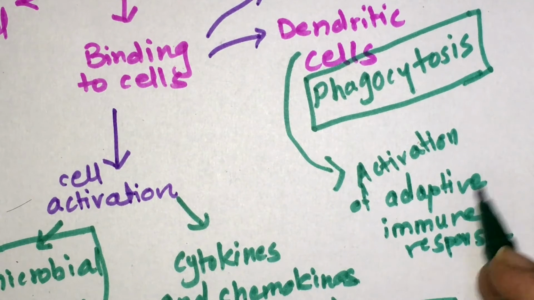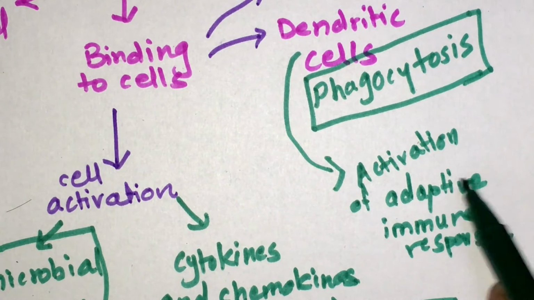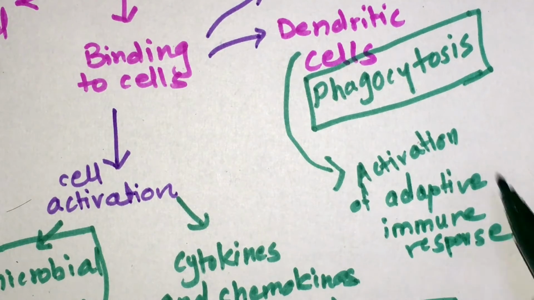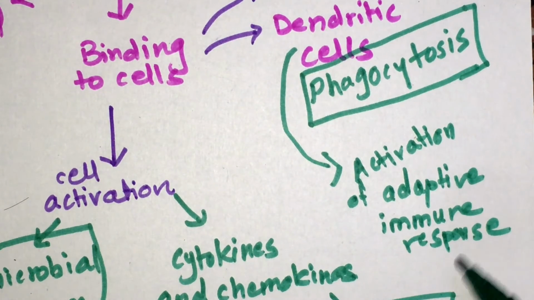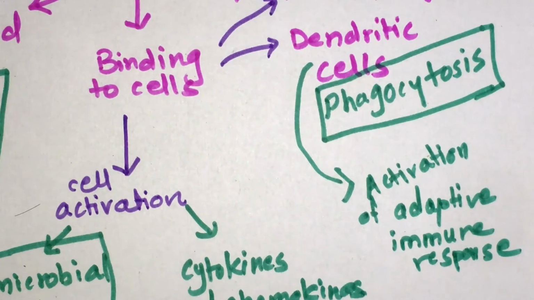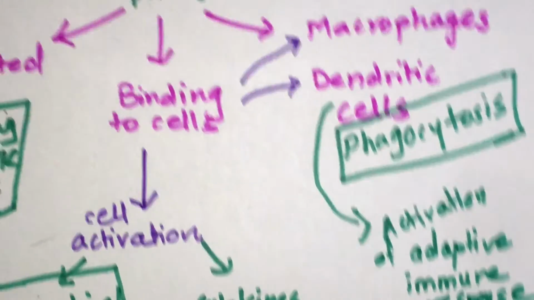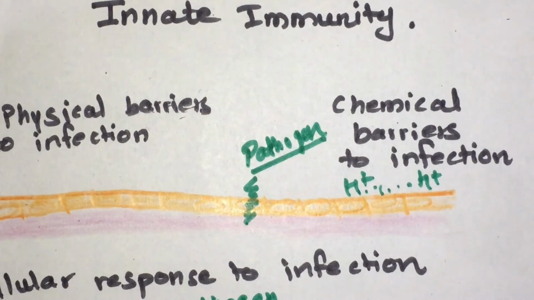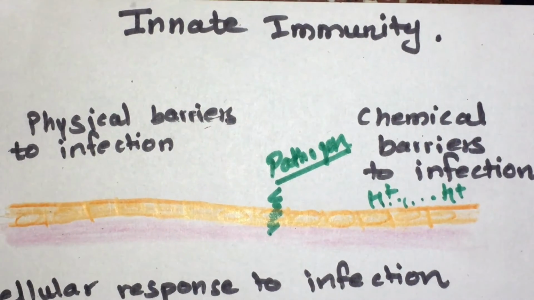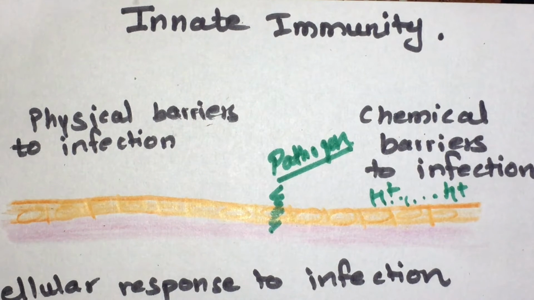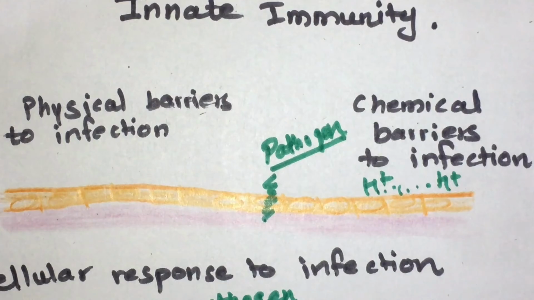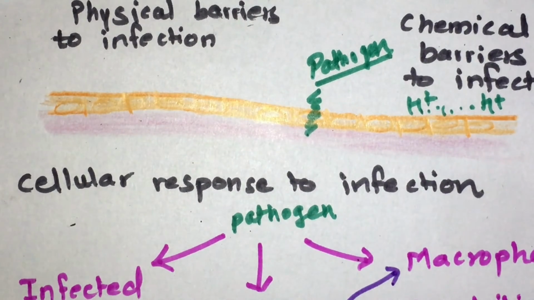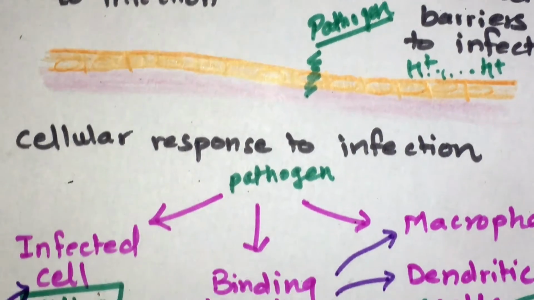As we know, the adaptive immune response will generate antibodies and T cell receptors, and in that way it is going to kill the pathogen. So let us have a look at this innate immunity overview one more time. The pathogen can enter the body. To enter the body, it has to fight through the physical barriers and chemical barriers. If it is successful, then it gets into the body, where the body will fight it by cellular response.